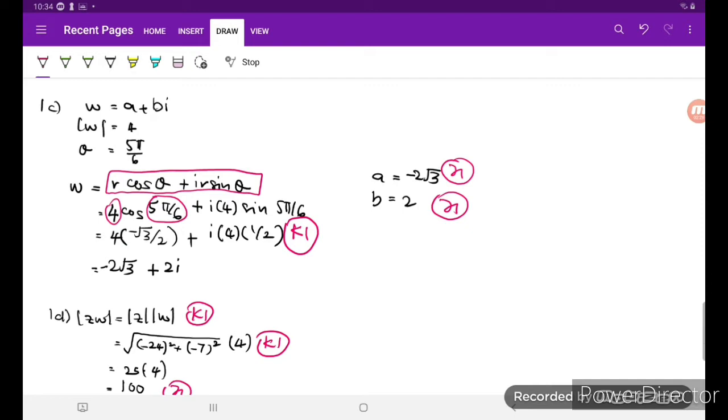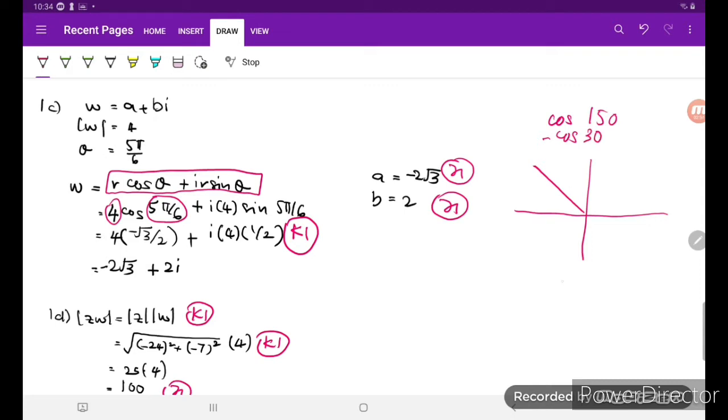But if we use cos 5 pi over 6, 5 pi over 6 is actually cos 150. It will be on the second quadrant. So for cos 150, second quadrant is negative. Negative cos of 30, the reference angle.